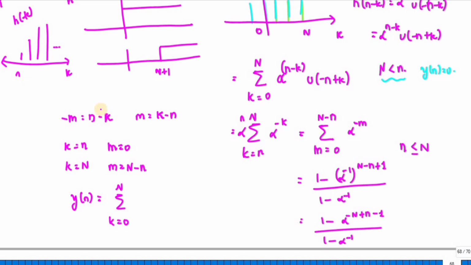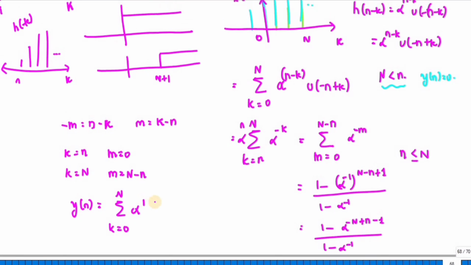Alpha n minus k, because here you should not substitute k value is equal to n, because it does not start from n, right? You should not write n. You have to write this intersecting point only. So it has to be 0 to n.